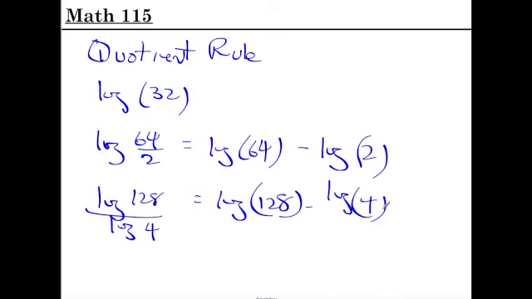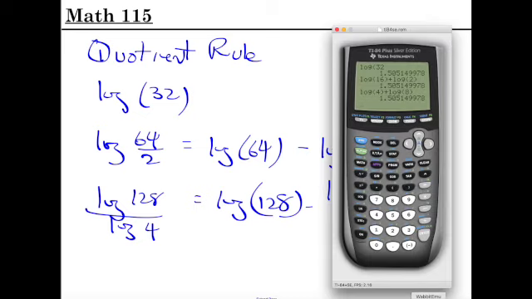And just like before, we're going to prove it. Just the example is much better to prove it. Let's do the log of 32 one more time, which you know is 1.505 something. Okay, and now we're going to do the log of 64 minus the log of 2, and we're going to get the exact same thing all over again.